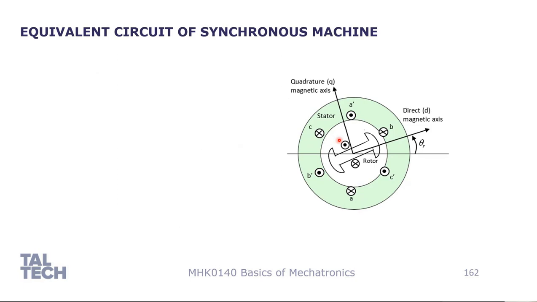So we have discussed several models of the DC machine. As I said, there are many different possibilities. We can start from very simple steady state models, go to the transient using the different Laplace transformations, and then we can go to other types of machines also.